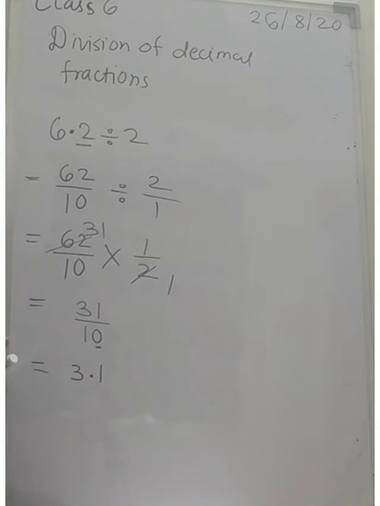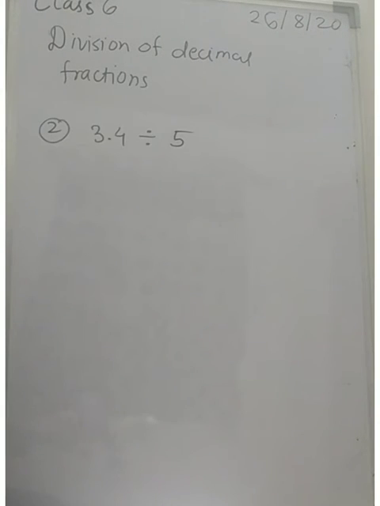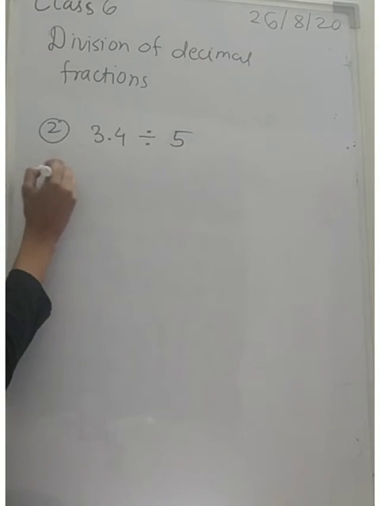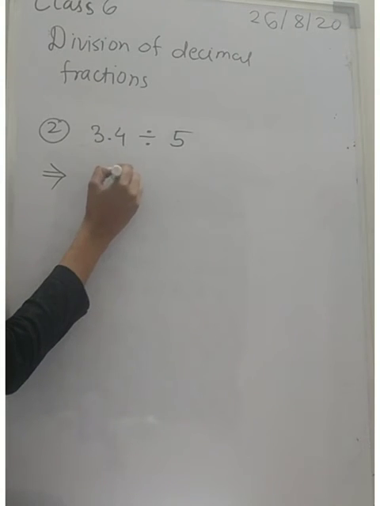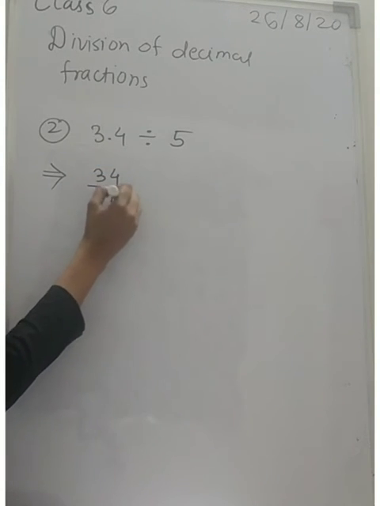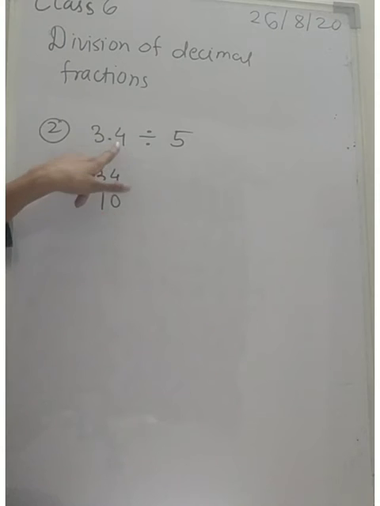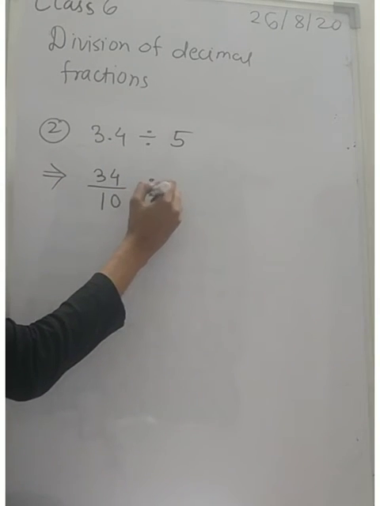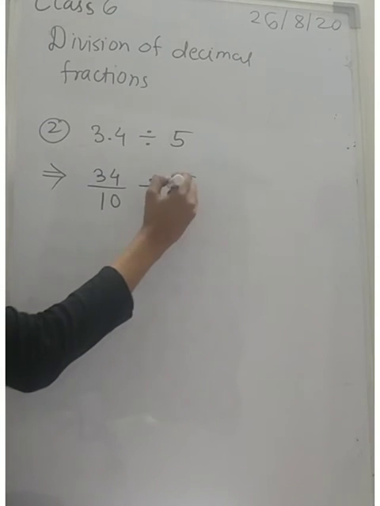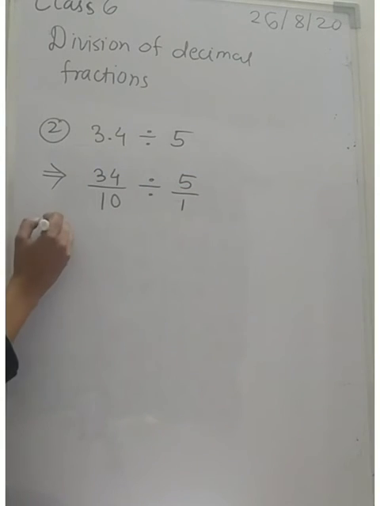I want you to pause the video and write down this first. Okay? 3.4 divided by 5. So convert these two into common fractions. So 34 divided by 10. Why 10? Because only one digit is after the decimal point. Divided by 5. There is no decimal point, so this will be only 1.